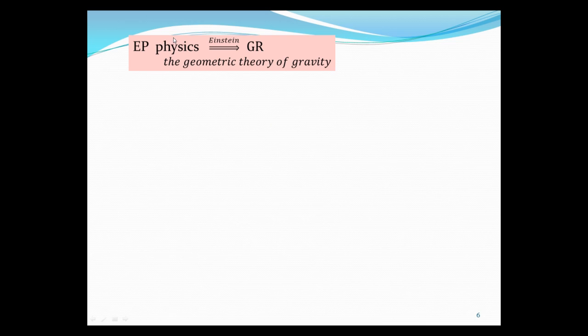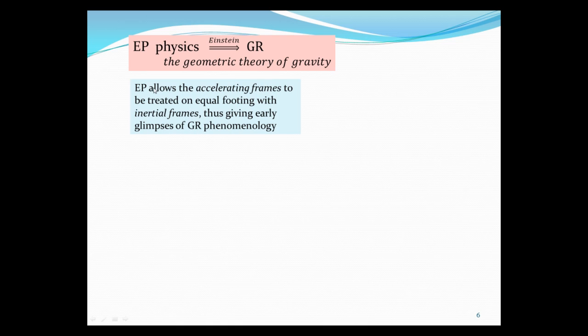Now, Einstein's equivalence principle plays a role in allowing him to construct the theory of general relativity, which is the geometric theory of gravity. And of course, we have shown the equivalence principle allows us to treat the accelerated frame on equal footing as an inertial frame with gravity. So this gives us an early glimpse of GR phenomenology.